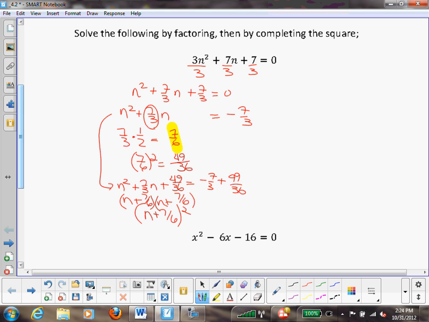What is negative 7/3 plus 49/36? You're going to want to make sure you're putting it in right.